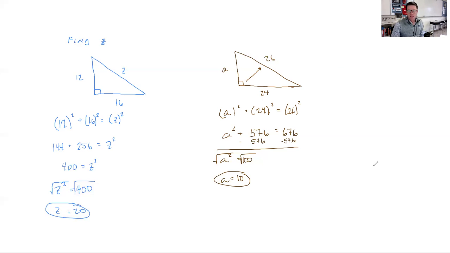So you're going to see this idea or this concept of Pythagorean triples. The book is going to make reference to this a lot. So a Pythagorean triple is just three whole numbers that can be the side lengths of a right triangle.